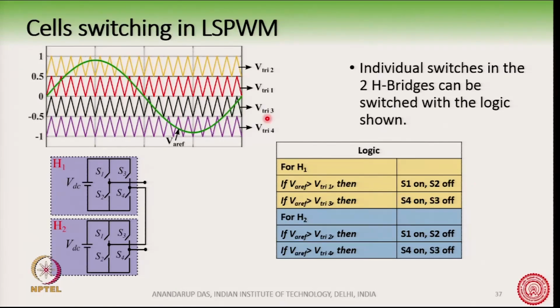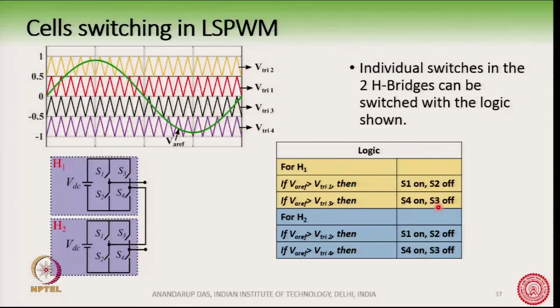What is the logic for switching the 4 switches inside H1? The logic is given here in this table. If the reference waveform is more than triangle 1, then we turn on S1, and of course, S1 and S2 are complementary, so S2 is off. This is the logic for S1. If VRF is greater than V triangle 3, then S4 is on and S3 is off.